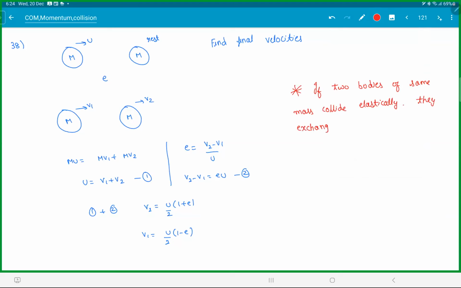Most people remember only this part, exchange velocities. The next phrase is more important, along the common normal. Head on, there will be no problem, but in oblique collisions you will have that issue. They don't exchange their full velocities. They exchange components only along the normal.